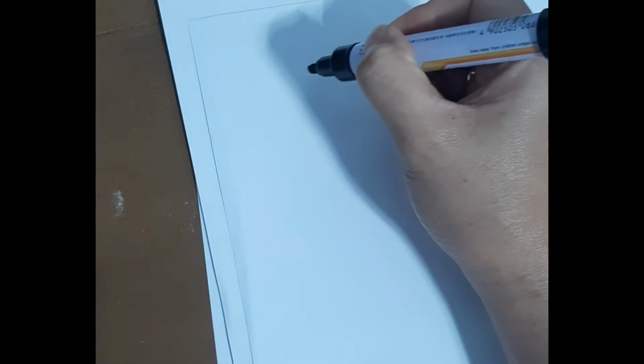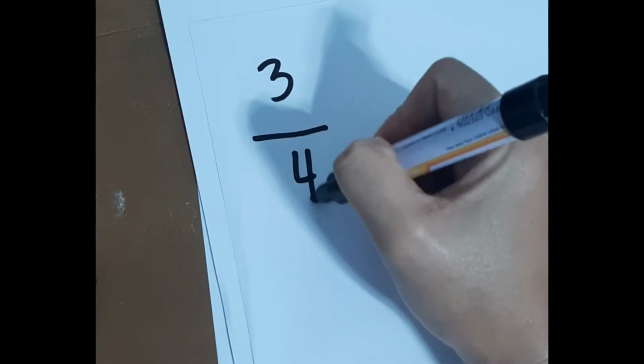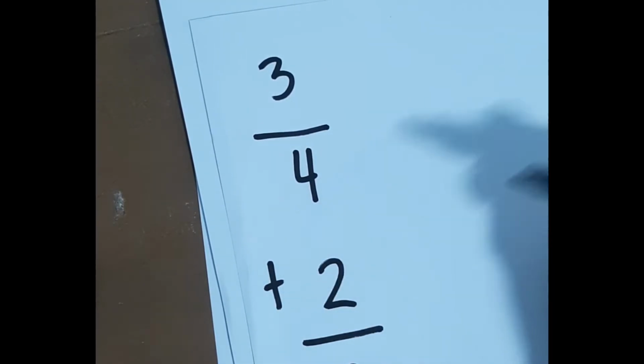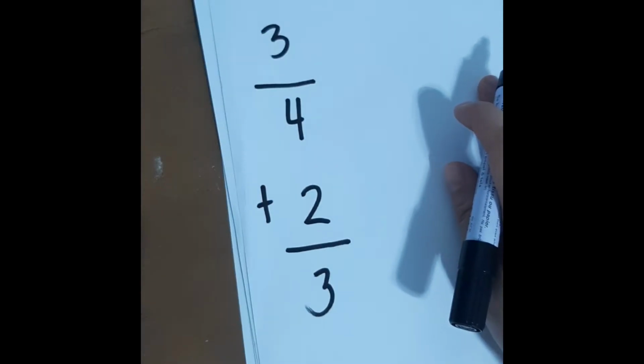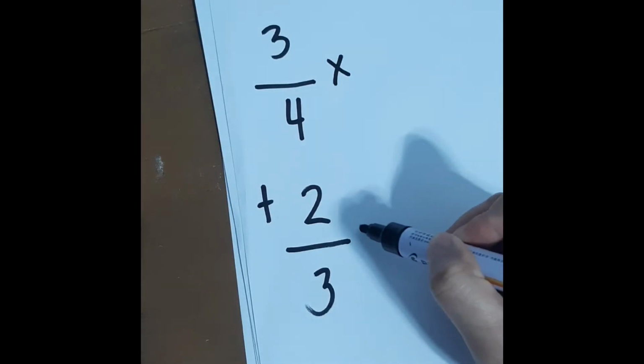Ngayon, ipapakita ko sa inyo ang pag-add ng dissimilar fractions. Example, 3/4 plus 2/3. So, ayan. So, ang susunod natin gagawin, magmumultiply tayo.